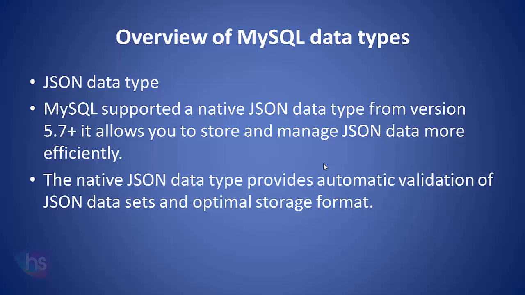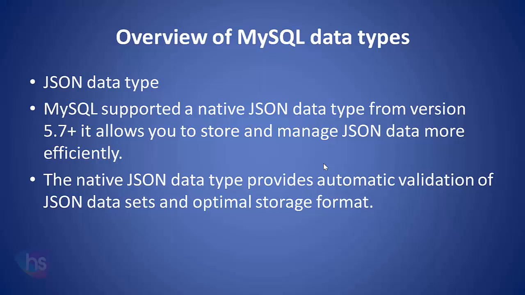And the JSON data type also, from the 5.7 plus versions of MySQL, is clearly supported. Now you see here, MySQL supports a native JSON data type. From version 5.7 plus, it allows you to store and manage JSON data more efficiently. You can prepare JSON strings with data and directly store them into the database itself.